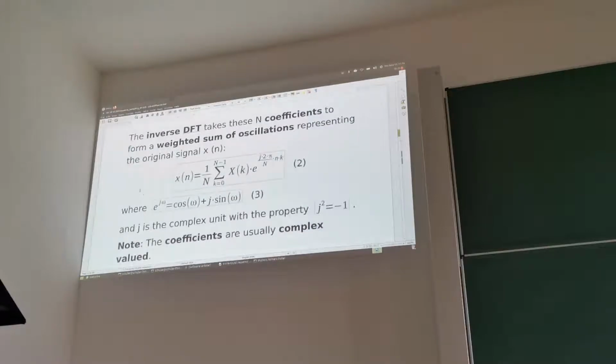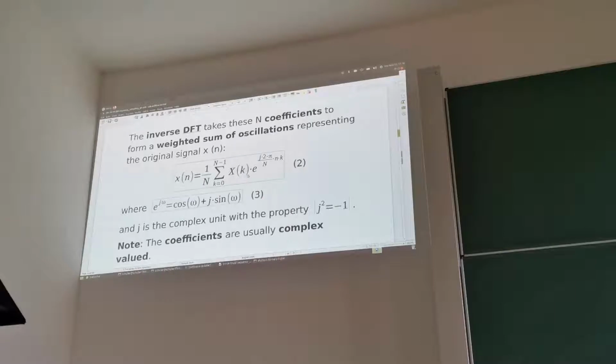And we also have the inverse DFT. Fortunately, we can inverse transform it. This is, again, a weighted sum, but now of oscillations representing the original signal. Here we have the coefficients that we just computed.